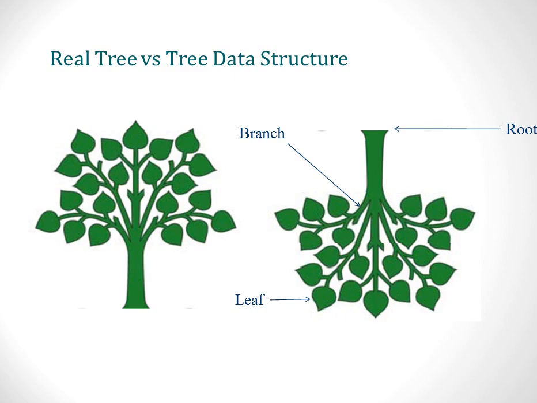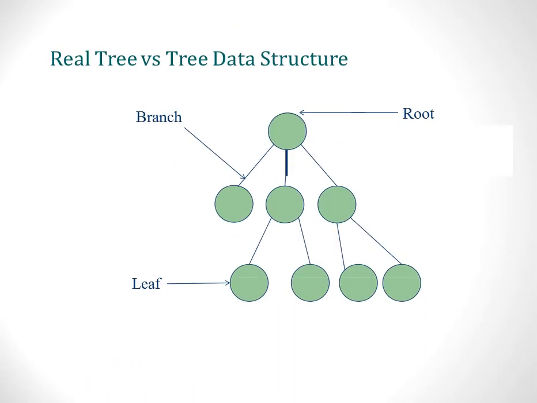So it's totally reversed. To graphically represent the tree data structure, we have a root node here which is at the top of the tree, and down comes the different number of nodes. You can have any number of nodes at the bottom, and the nodes at the bottom level, that is the lowest level of the tree, are called leaf nodes.